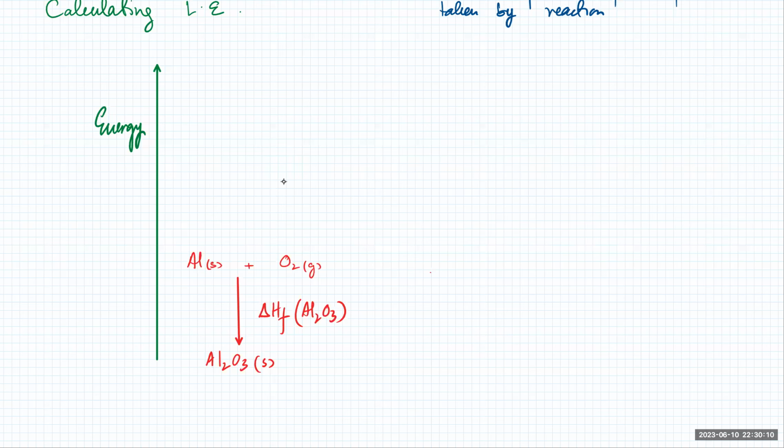Now we're going to break this into steps. So starting from elements, how do you make an ionic lattice? There are a couple of steps. First, you're going to atomize them.